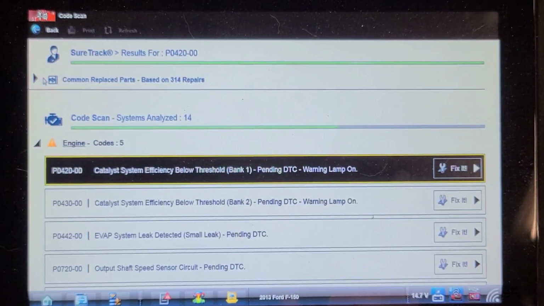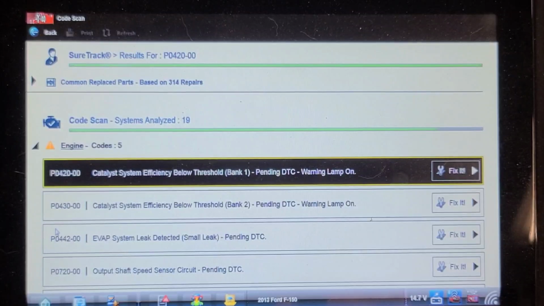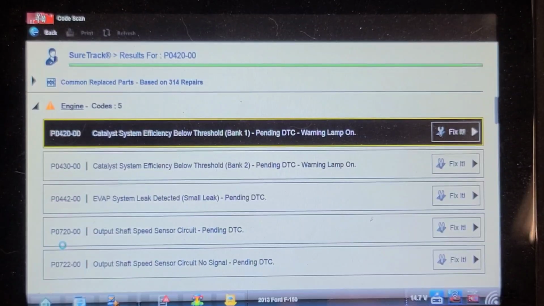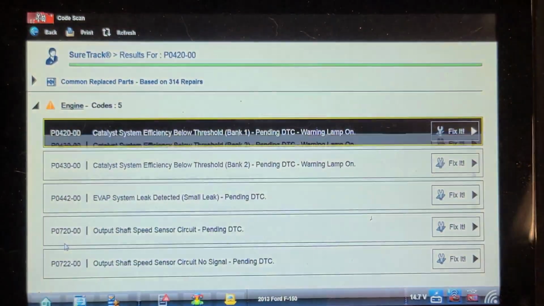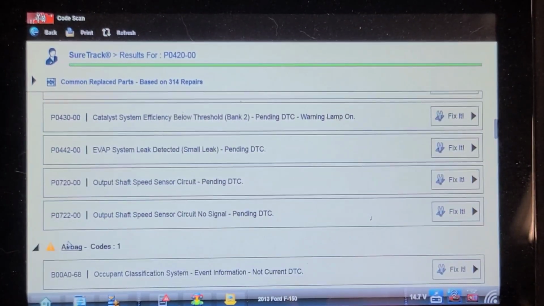Output shaft speed signal. There's the P0720. That'll be the cause of the transmission not shifting. Output shaft speed sensor signal. Engine and transmission are the same computer.